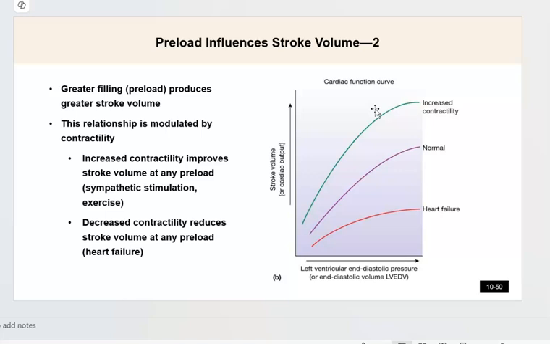So one of the mechanisms our body uses when we start to exercise and we need more cardiac output, so I need to increase my stroke volume, I need to increase my preload, is that it activates the muscles we're using in the venous system, and that starts actively pumping the venous pool reserve that we talked about up through the inferior vena cava back into the atria, and we have increased our preload.